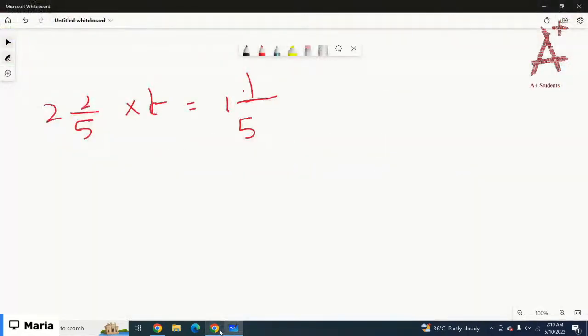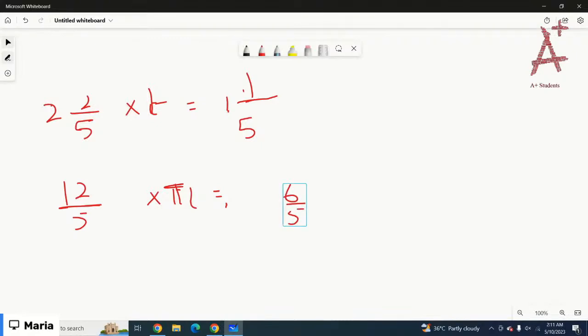Okay, just convert them into improper fractions. 5 times 2 is 10, and 2, it would be 12 over 5 times t, and it would be 5 times 1 is 5 and 1, 6 over 5. So here we have 6 over 5.